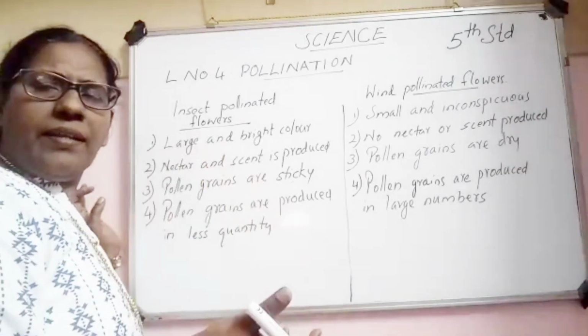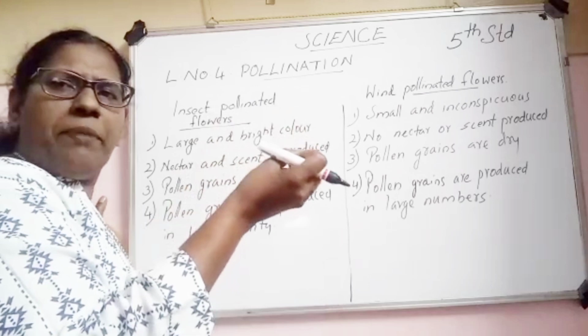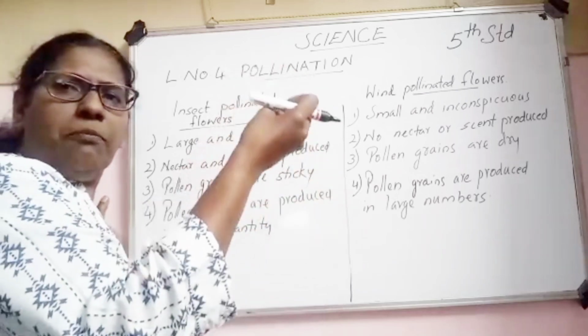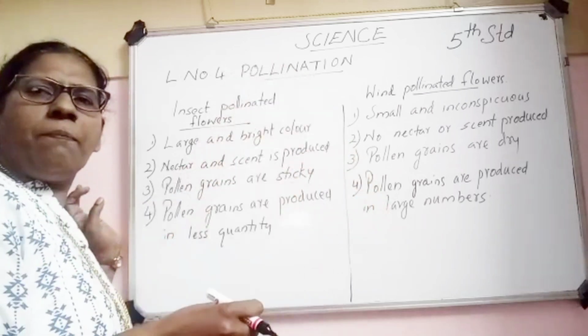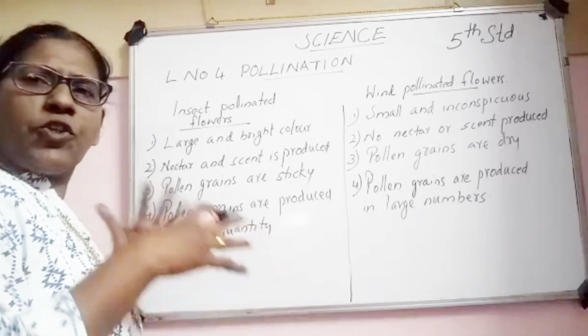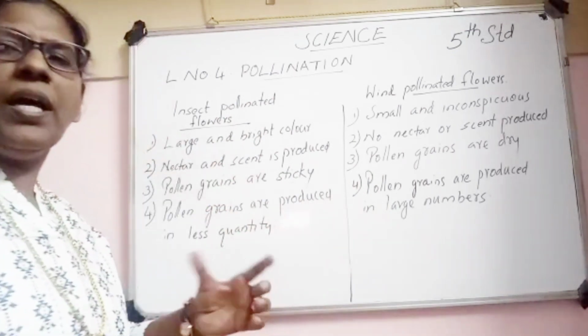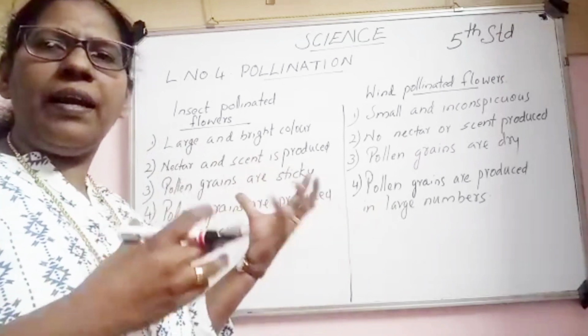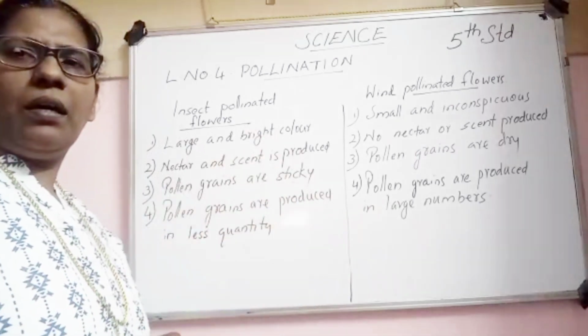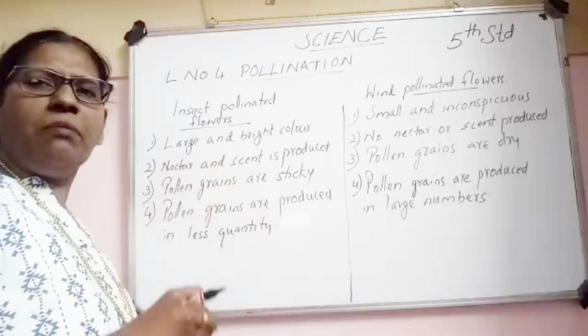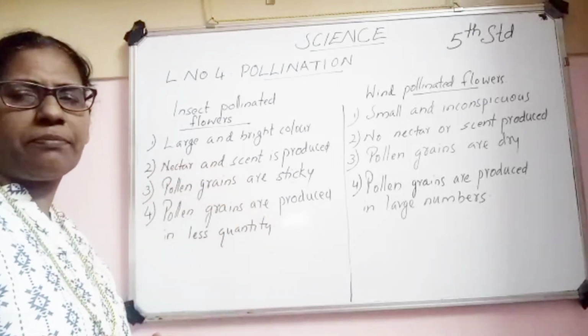All the pollen grains may not be carried by wind and may not reach the stigma. That is why they should be produced in large numbers. Then the wind can carry them and some get stuck to the stigma, and then pollination takes place.